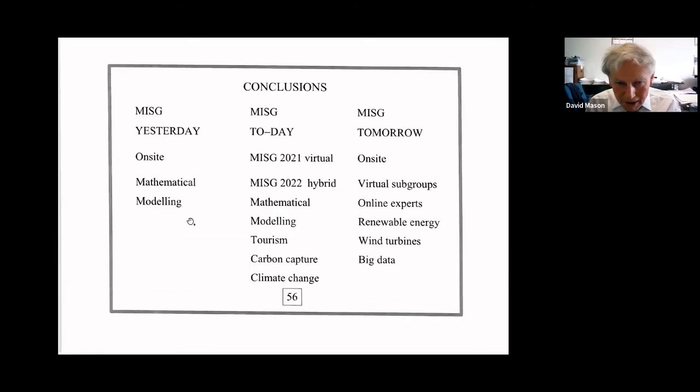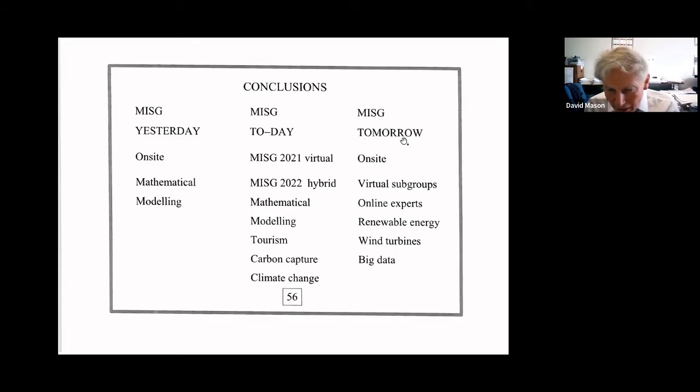Now the conclusions. Yesterday, it was always on-site. Mathematical modeling was important. There was sometimes optimization and image processing. The MISG today was virtual, hybrid MISG, still mathematical modeling. Tourism is also coming in, carbon capture, climate change, these types of problems.